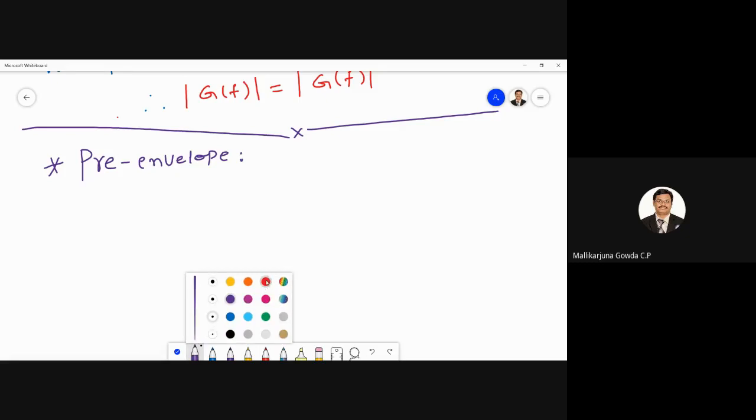Do you have any idea about this pre-envelope? Can anyone say what the pre-envelope is?